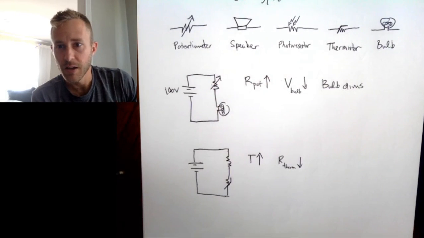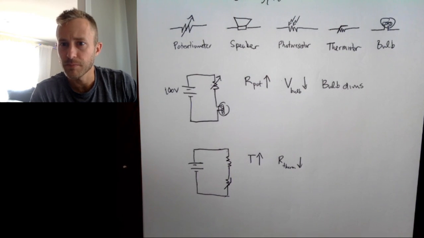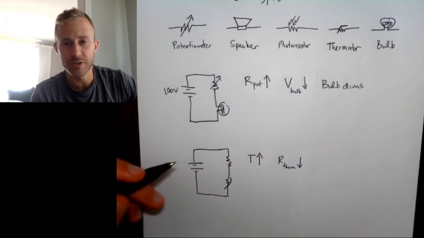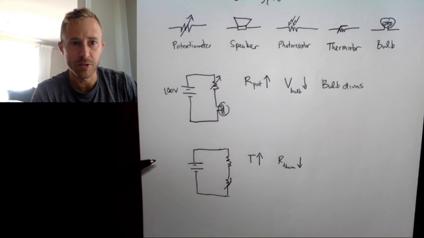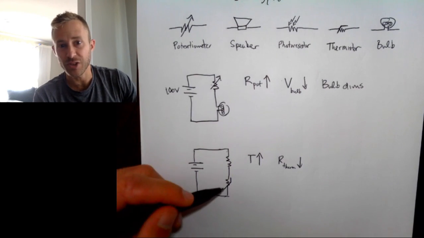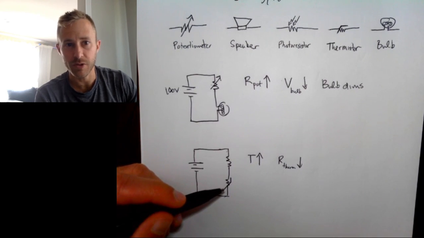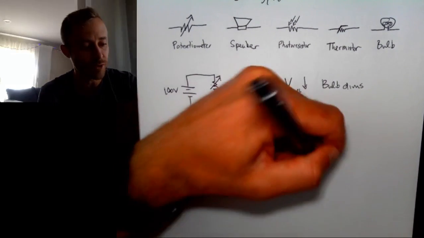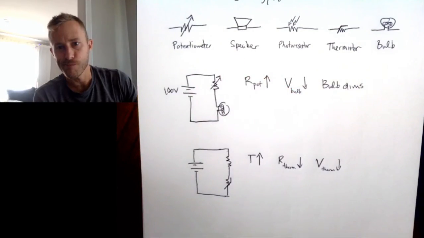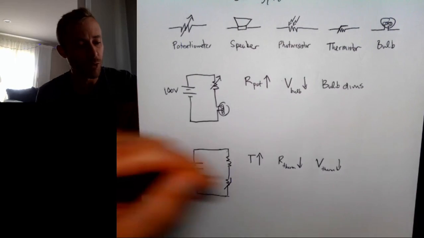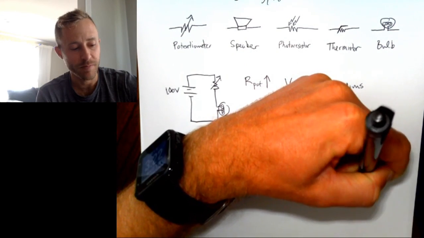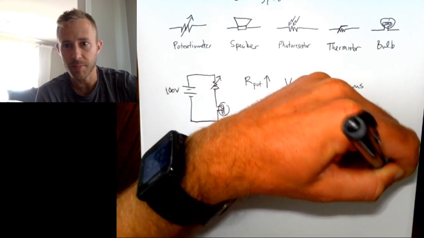Hey, Aiden. And when the resistance of the thermistor goes down, its share of the voltage is going to go down as well. So the voltage across the thermistor is going to go down, which means that the voltage across the other resistor is going to go up.